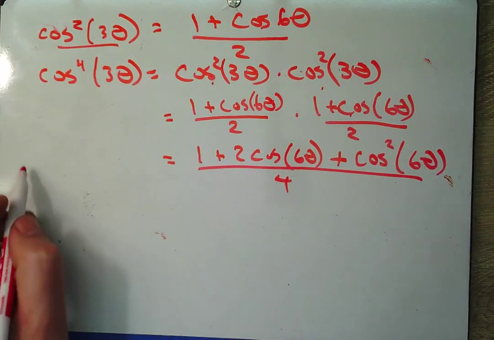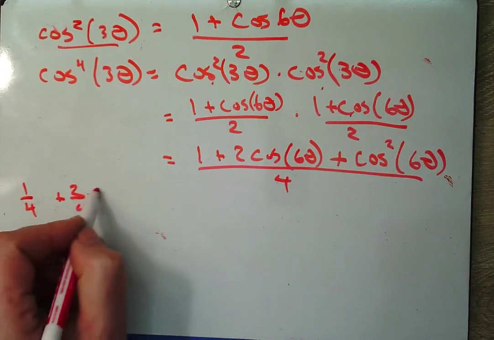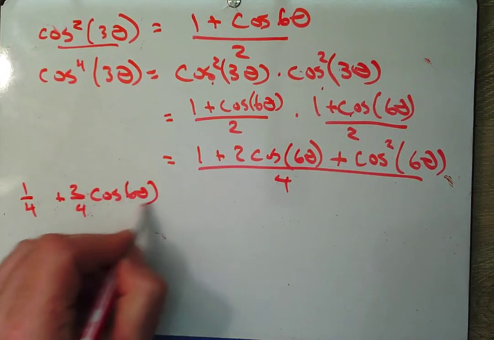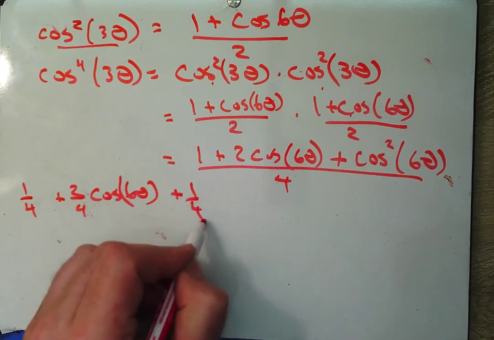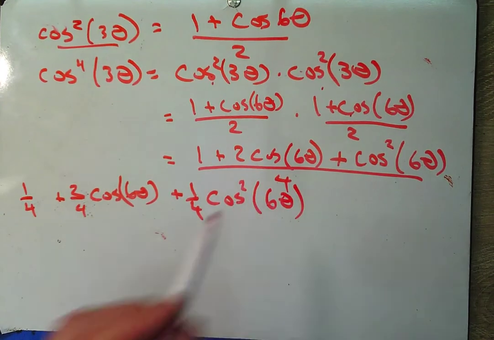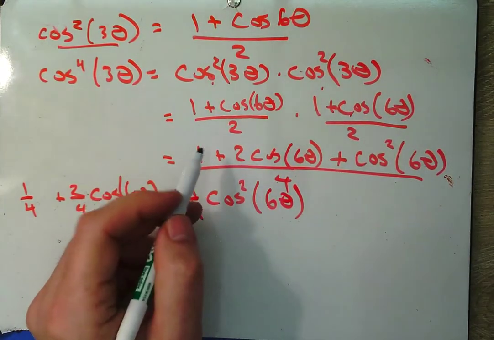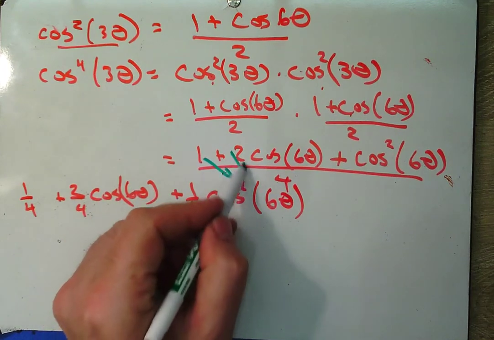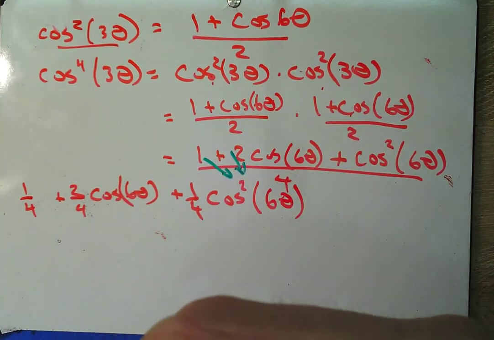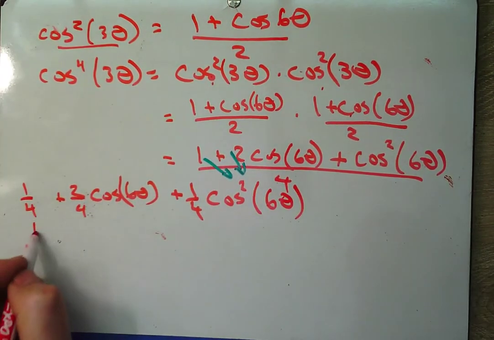I'll split this up into 3 fractions. 1/4 plus 2/4 cosine 6 theta plus 1/4 cosine squared 6 theta. And then I'll say, uh-oh, another squared. I've got to use my power reducing identity again. So when I use that power reducing identity, everything else is going to stay the same.